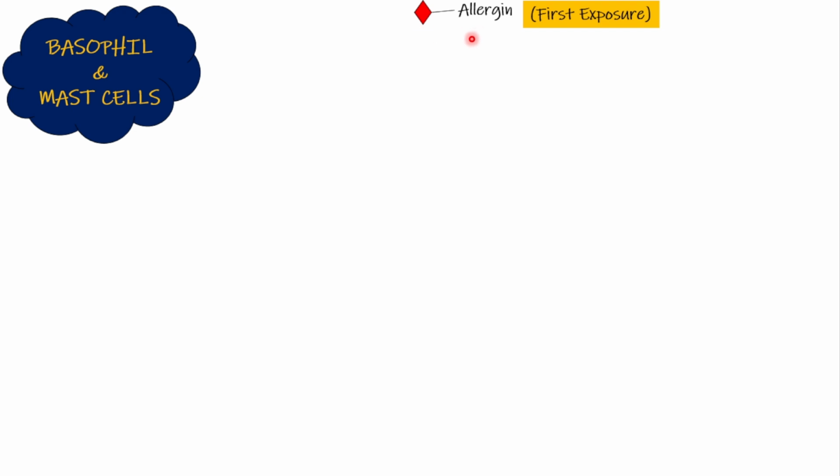For instance, if some person is allergic to pollen or any other allergen, on first exposure to the allergen, the B lymphocytes are going to be converted into plasma cells, and these plasma cells will produce a lot of antibodies.